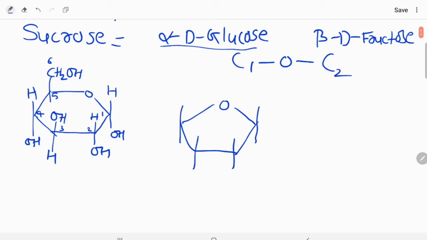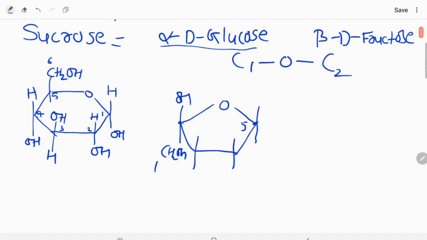Now what here we are going to see, we will plot the numbering this way. Here it's carbon number 1 CH2OH. Here there will be carbon number 2. Okay, carbon number 2. Here it's carbon number 5. Here there will be 1 OH, very good.